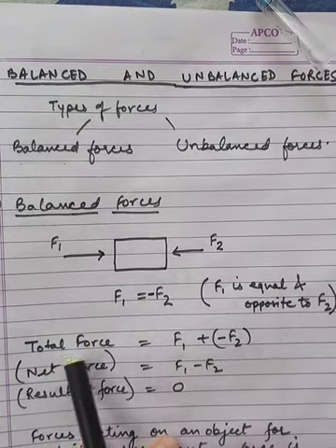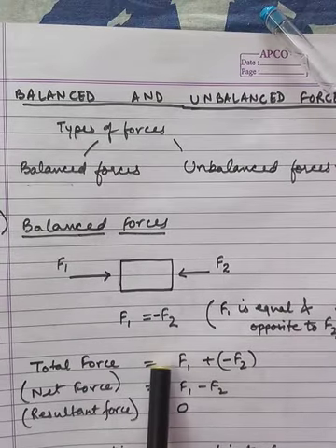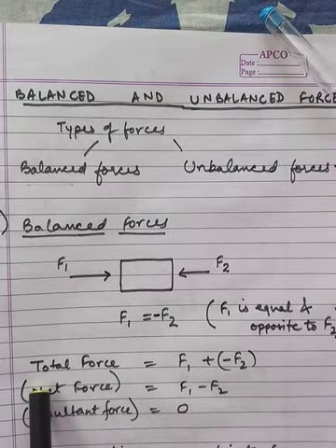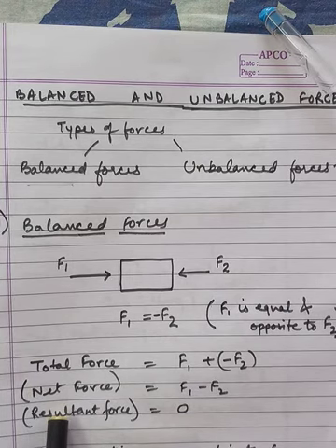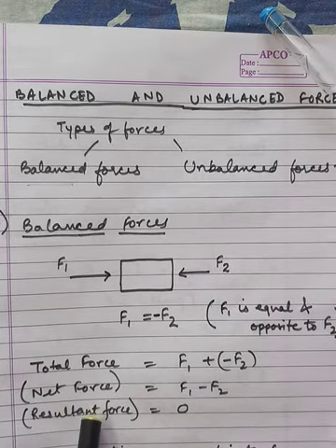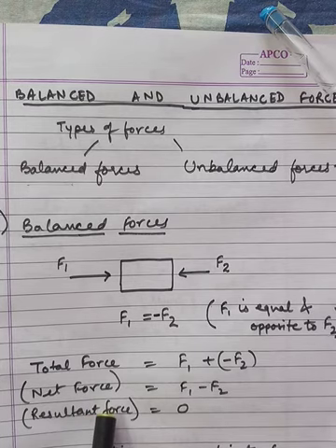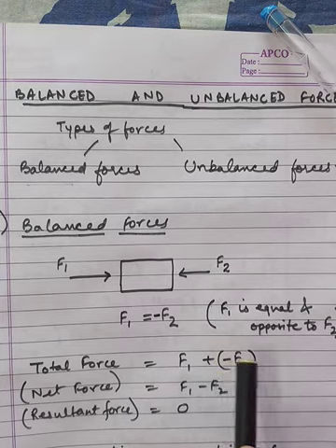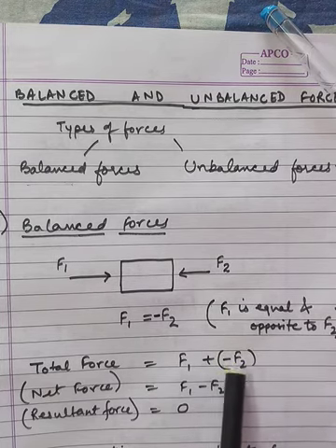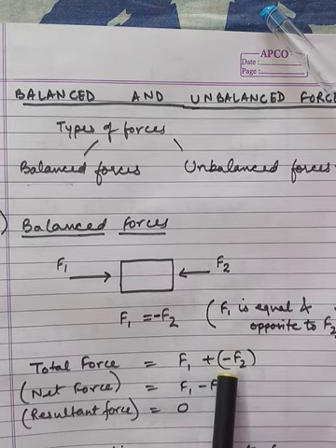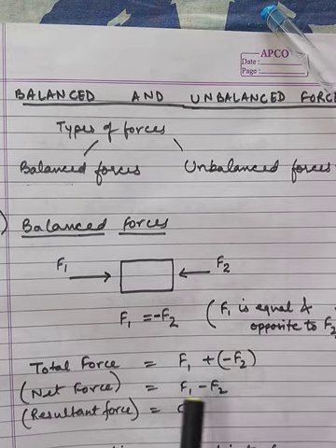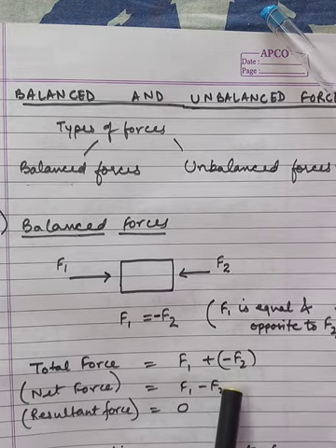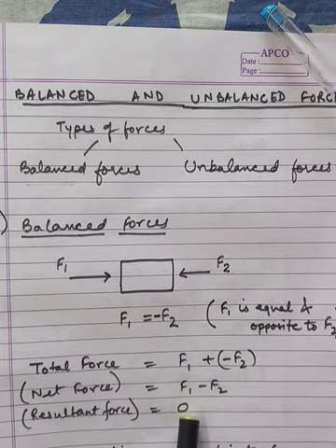Total force is also known as net force or resultant force. The resultant force is F1 plus F2. F2 has a negative sign, meaning its direction is opposite, so it becomes F1 minus F2, and the resultant comes out to be 0.